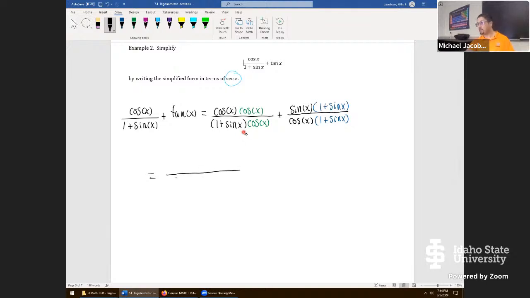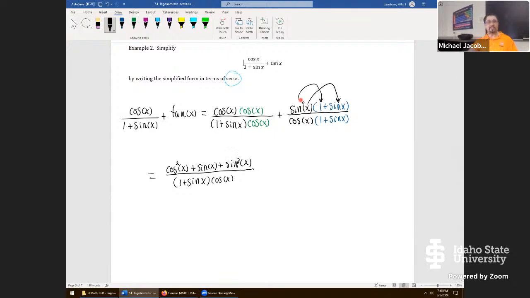So let's write in 1 plus sine x times cosine x. This numerator converts to cosine squared of x. We're adding across, so plus, and over here, we need to do a distribution. This will be sine x plus sine squared x.